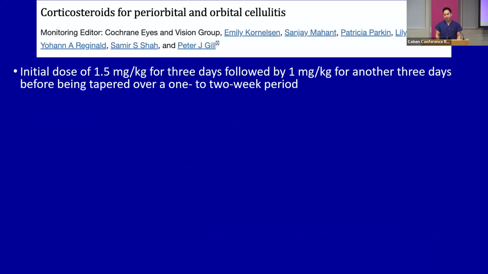And this one paper talks about giving a high dose, 1 mg per kg for 3 days, followed by a lower dose for another 3 days. And the thought and rationale behind giving steroids in non-surgical treatment for Chandler class 1 and 2 is that you are decreasing edema in the cavity and allowing the natural ostium to drain whatever inflammation or pus is in the sinus cavity.